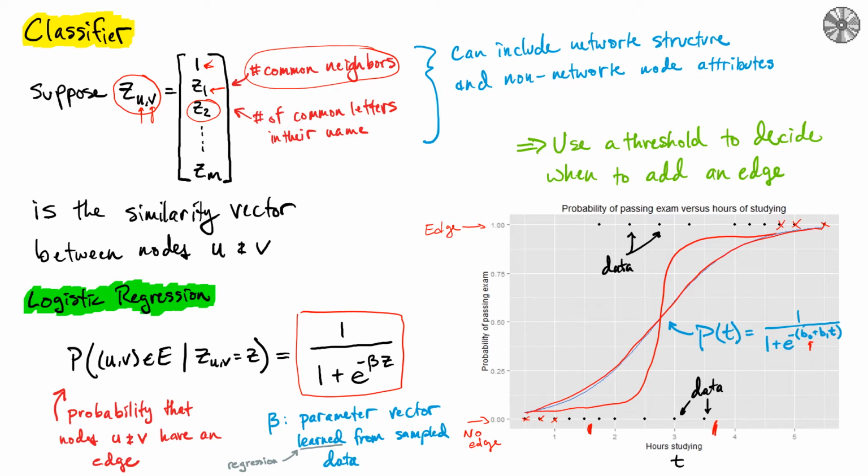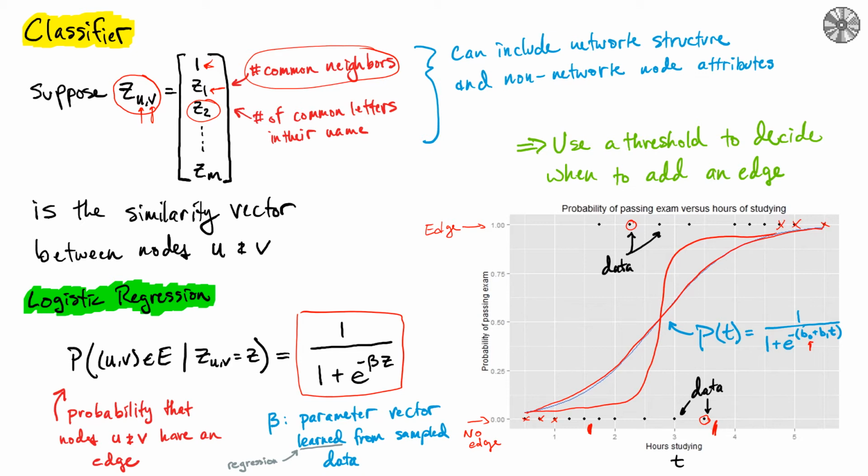This is an example of either noise in the system, noise in the measurement, or it could be the fact that there need to be additional parameters, such as how familiar people are with the material going into it, how good their background is on the topic, and so on. Somebody here may have taken a very similar course and doesn't need to study as hard, whereas someone here maybe has not seen this material before, perhaps didn't have the prerequisites, and so didn't perform well despite more studying.